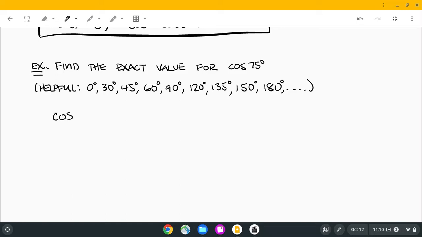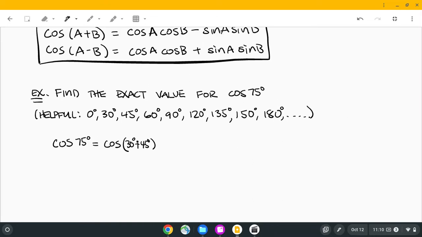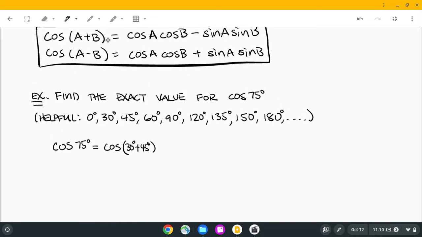So here, cosine 75 degrees, I'm going to break up the 75 degrees as a sum, 30 plus 45. Once I do that, now I can use this first formula where A is 30 degrees and B is 45 degrees.